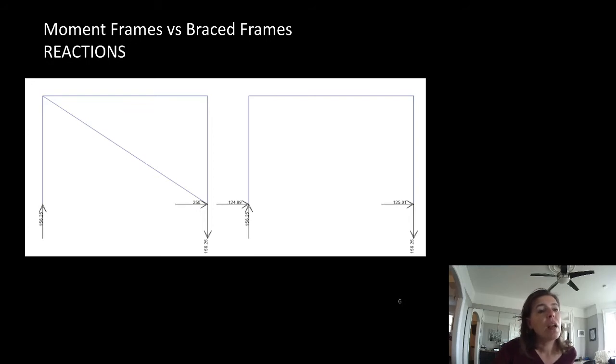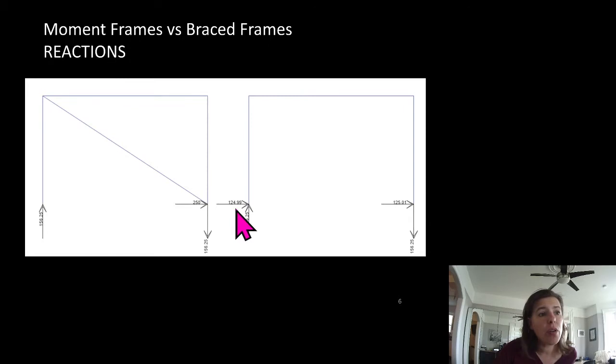Okay, you can see that we had the same upward reaction no matter the system and the same downward reaction no matter the system. We assumed that these reactions would be shared out equally in this system.